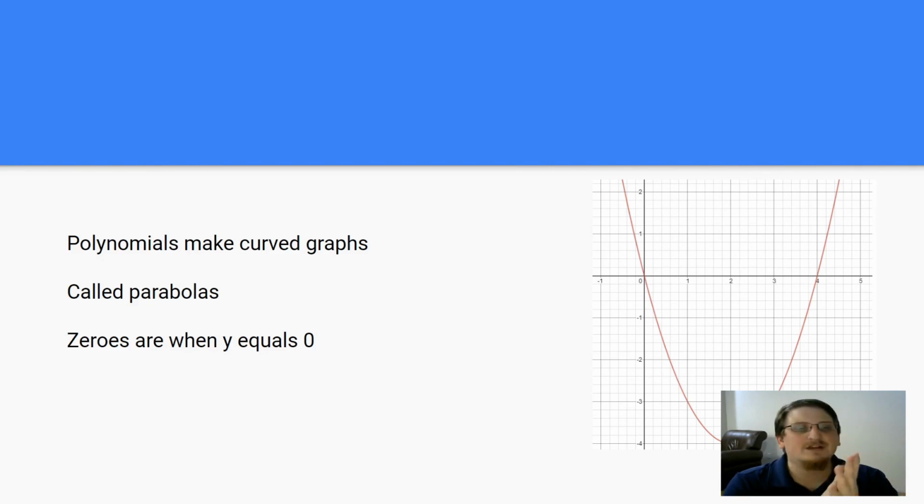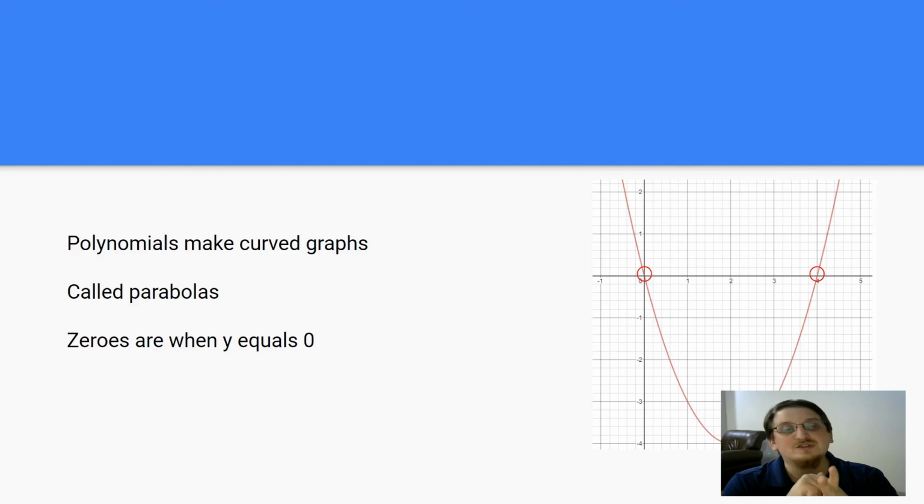This is called a parabola. There are 2 points on the curve that touch the x-axis. These are our zeros. When something touches the x-axis, then our y value will always be 0. This is what's meant by the zeros when you're solving them in polynomial equations.